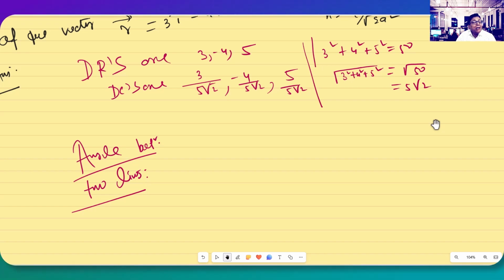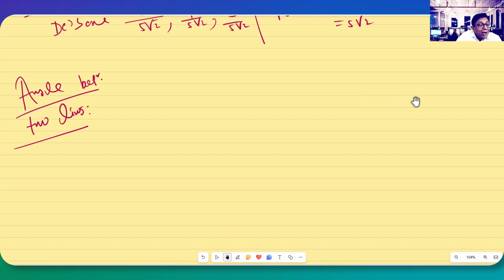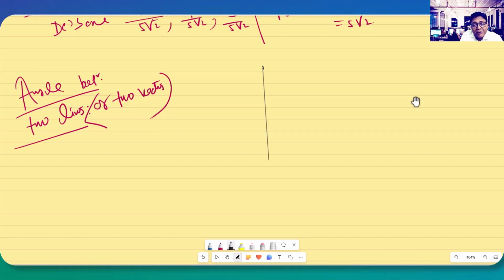But if you know the direction cosines, the tip of the vector you can easily write. That we have seen. Okay? So, angle between two lines, or we can state the angle between two vectors. Okay, same thing. If you proceed, they will give you the same value, isn't it? So, let me take the three-dimensional coordinate system here.